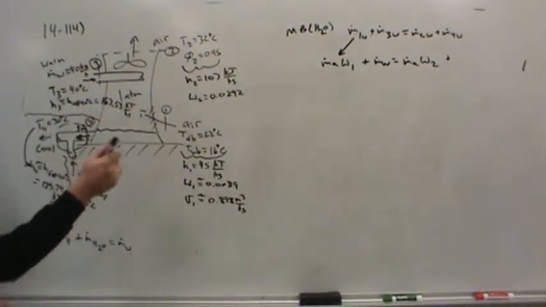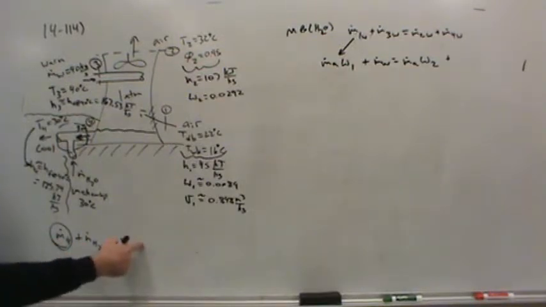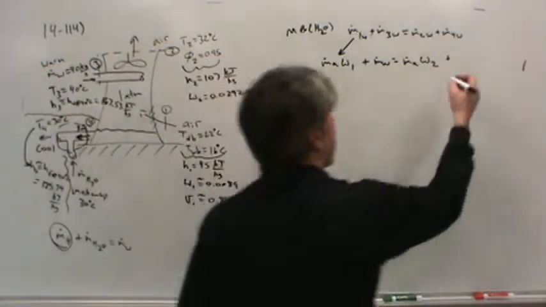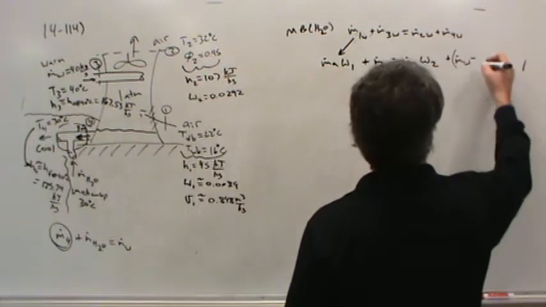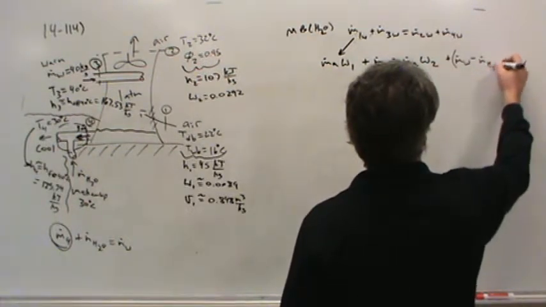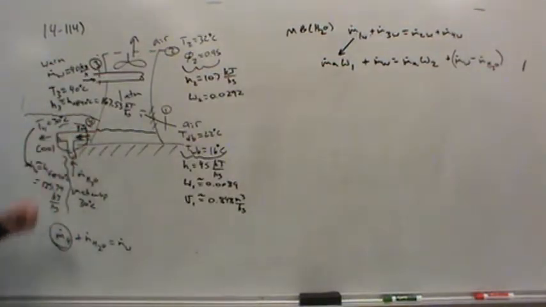So since what I need here is just the mass flow rate out of state 4, I can solve for it by moving this mass flow rate to the other side. So that's what I did. Mass flow rate of the water, the 40 kilograms per second, minus the mass flow rate of the makeup water. Okay? And that would be the actual mass flow rate coming out in state 4.